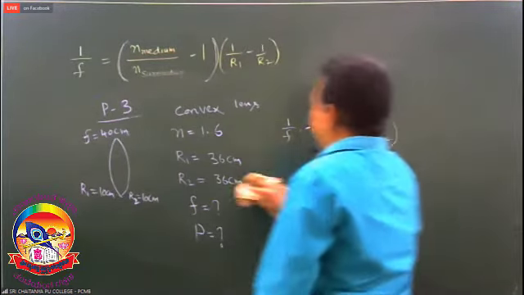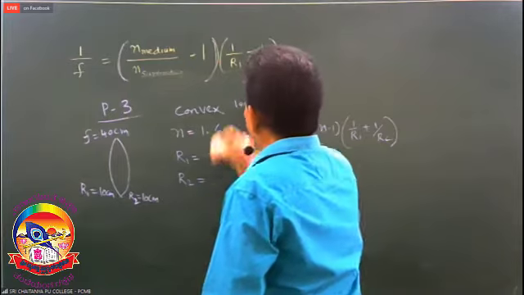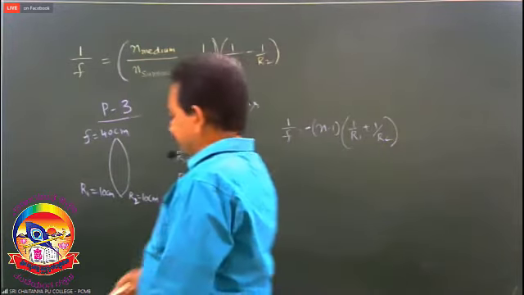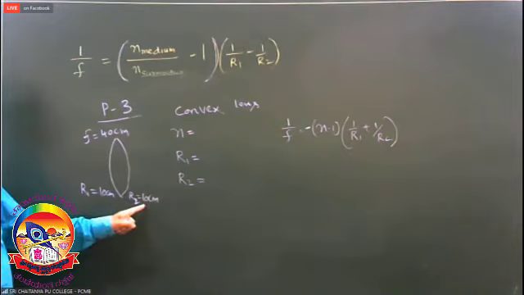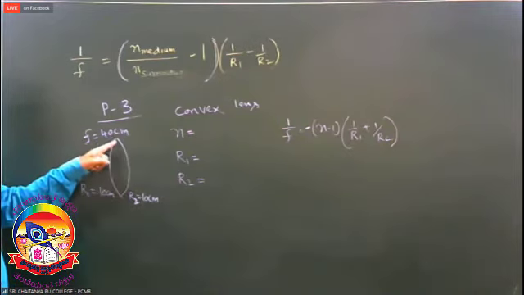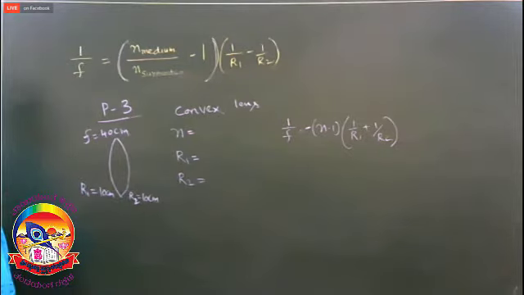Already focal length given. It is equiconvex lens. Why is it equiconvex? R1 is equal to R2. Focal length of the given lens, 40 centimeters. You are asked to find out the refractive index of the material of the lens.